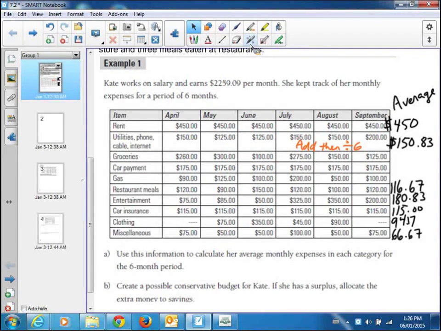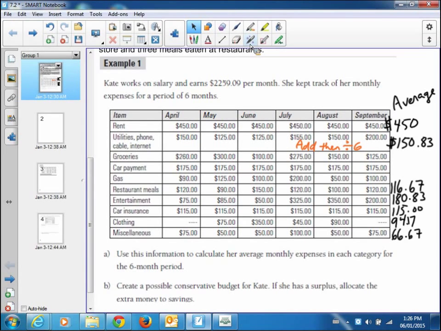Yes, we divide by 4 when there's only 4 of them. No, and I'll get to the reason why. Add 260 plus 300 plus 100 plus that. You divide it by 4. Is this month?